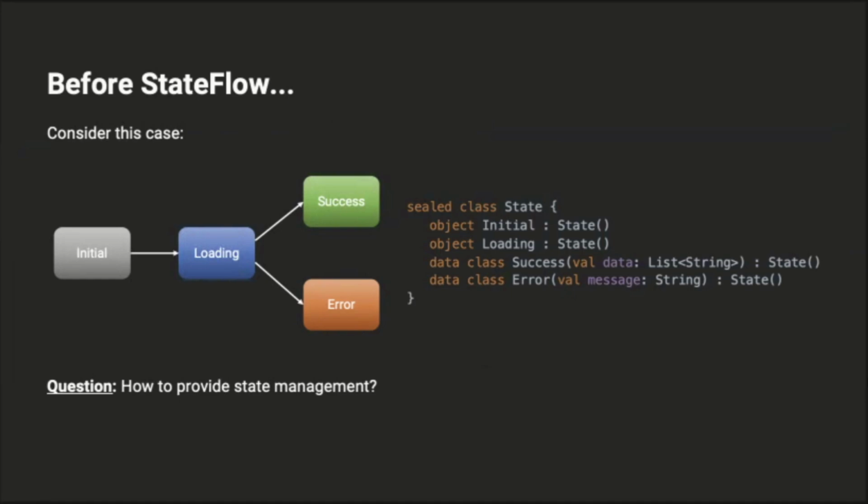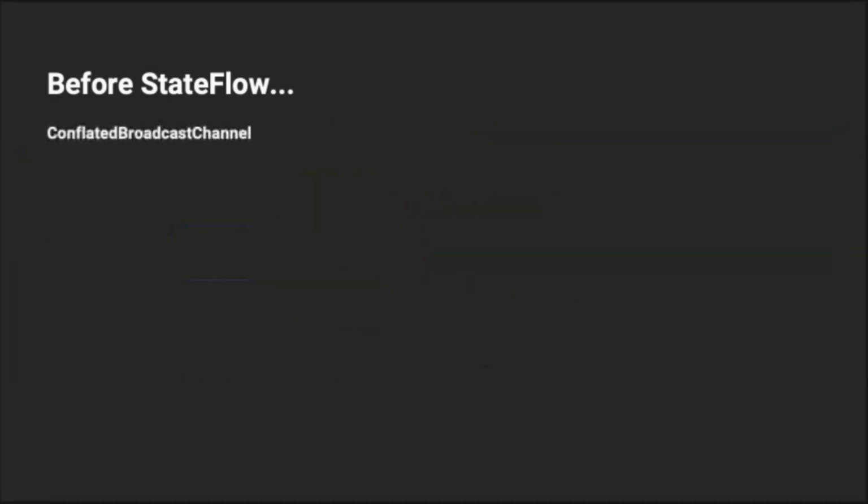One of the most recommended solutions is using a conflated broadcast channel. A conflated broadcast channel broadcasts the latest sent value to all open subscriptions, and as the name suggests, values are conflated, meaning that every subscriber will only receive the most recent value.